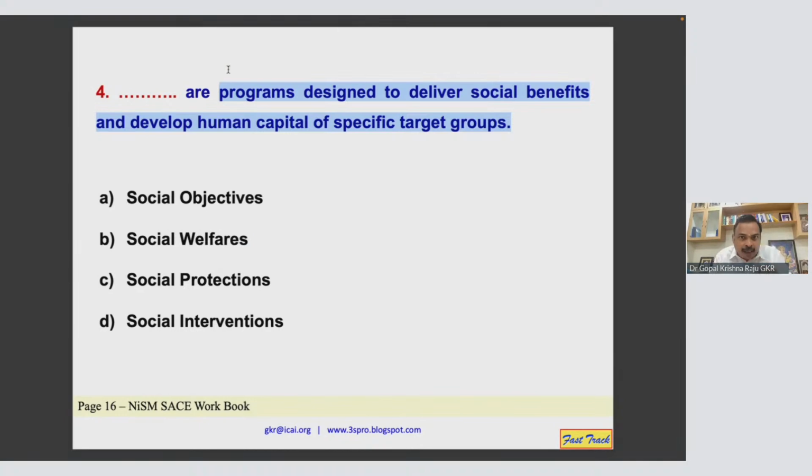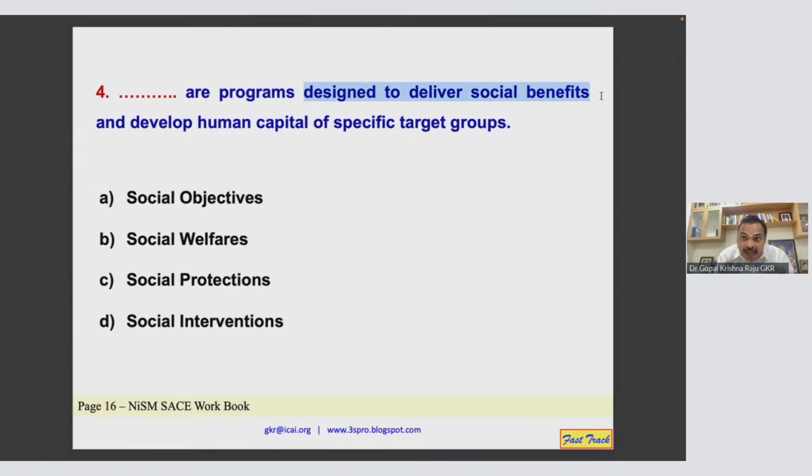Please understand, human capital means you empower human beings. You empower them economically, you empower them academically. So, which are the programs designed to deliver?